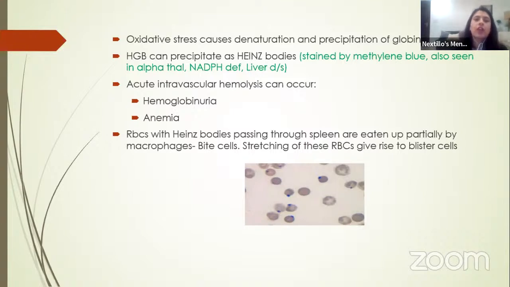And obviously, because of all the hemolysis, there'll be anemia. Now, when RBCs with Heinz bodies pass through the spleen, they're again identified as abnormal, and this portion is basically bitten off by the spleen, so it leads to the formation of bite cells.